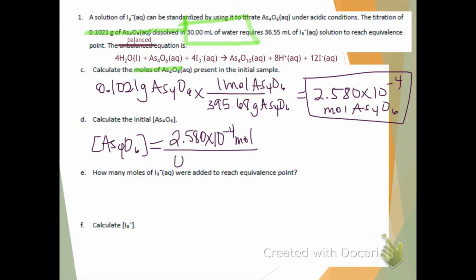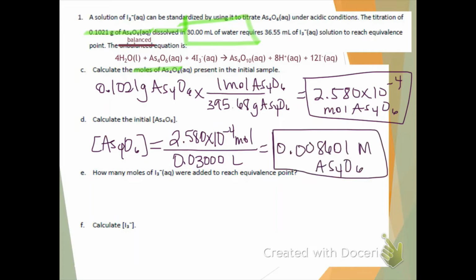So we need to divide by our volume in liters. We still get to keep 4 sig figs in our molarity. We should find that we have 0.008601 molar As4O6.